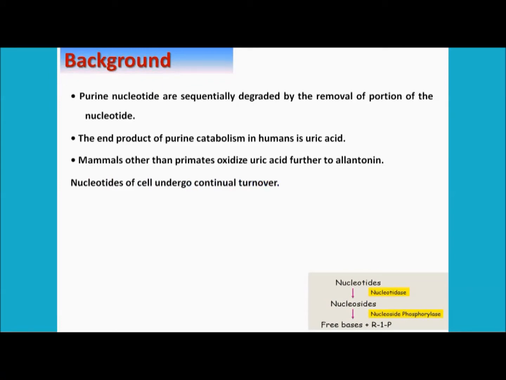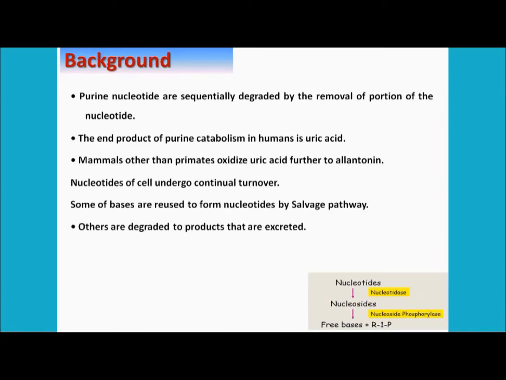Now let's discuss how the nucleotides of the cell undergo continual turnover. After the degradation, some of the bases that have formed are reused, and regarding this we have already discussed the salvage pathway. The others are degraded to products that are excreted from the body.